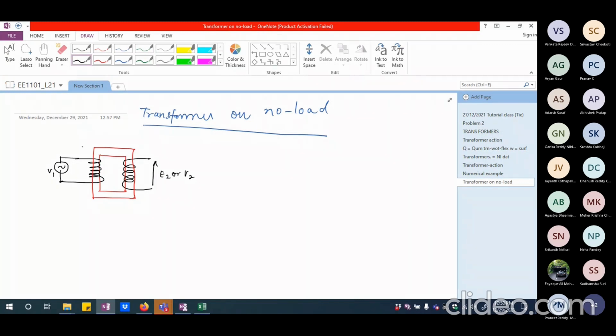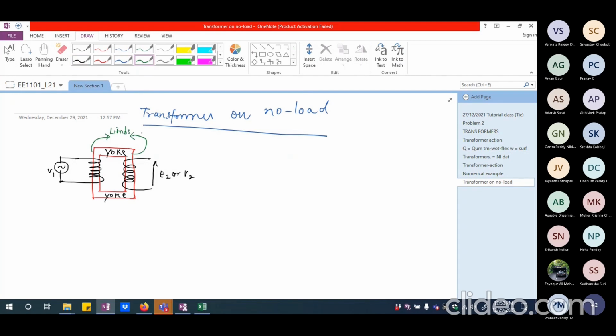Now, as I mentioned earlier, these two portions are generally known as the yoke of the transformer, and these two vertical portions are generally known as the limbs of the transformer, around which you are winding the winding.